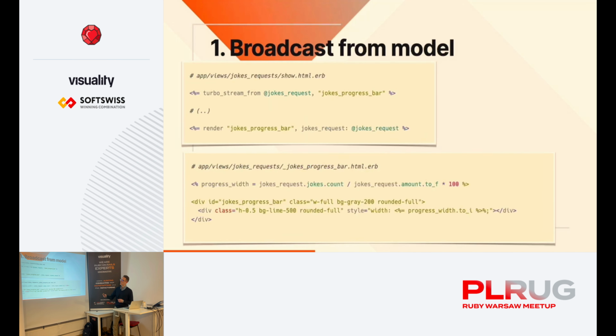And we have this element which is jokes progress bar. Inside this partial, we have a logic responsible for counting the width of the progress. We just take the number of jokes that are there in the database and the number of jokes that we expect to be in the database at the end of the job. And it should work.